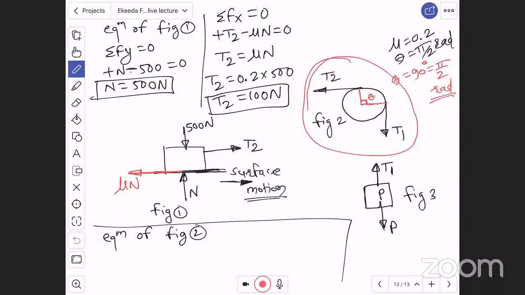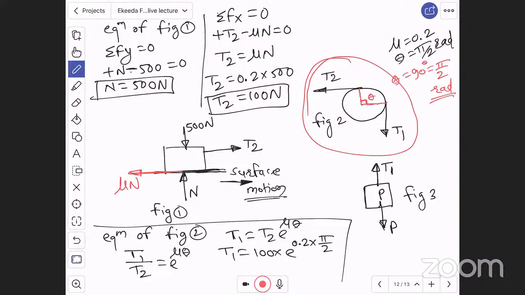For figure 2, the equilibrium equation is tight side tension divided by loose side tension is equal to e to the power mu theta. Therefore, T1 is equal to T2 into e to the power mu theta. Put the values. T1 is equal to 100, which we calculated for T2, into e to the power, coefficient of friction 0.2, theta is pi by 2. Solve for T1, my dear students. Tell me the answer. What is your answer for T1?